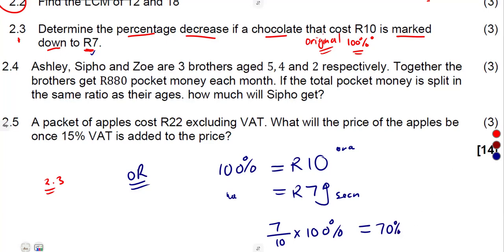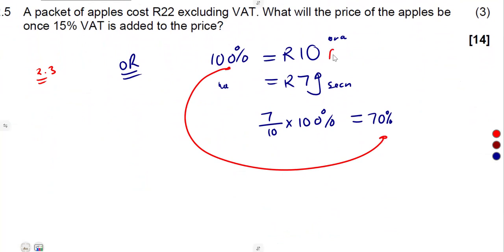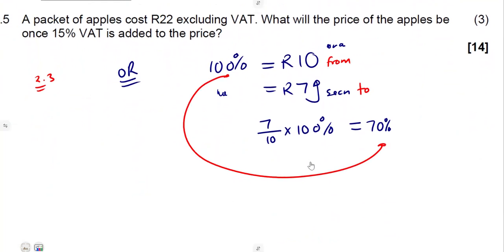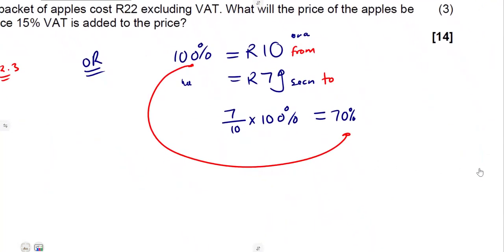So we are saying originally we were at 100%. Remember they said it decreased. It was marked down from 10 rand. So it is the same as the percentage going from 100% to 70%.